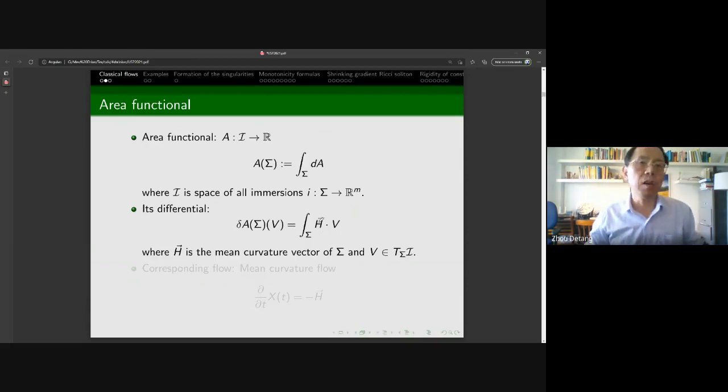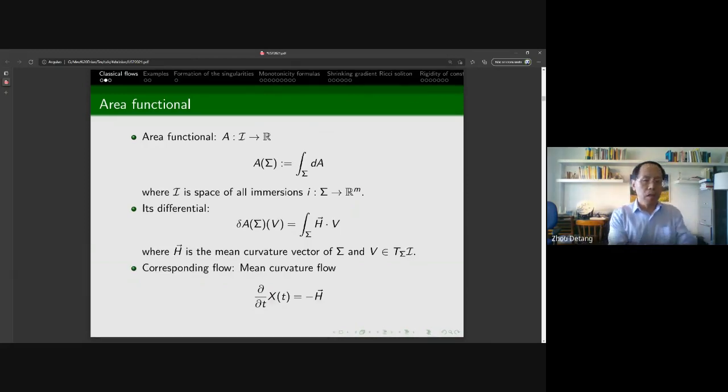The first variation formula, which we can consider the mean curvature vector as an operator on the tangent space of this immersion. So the corresponding flow is just the mean curvature flow, as everybody knows.